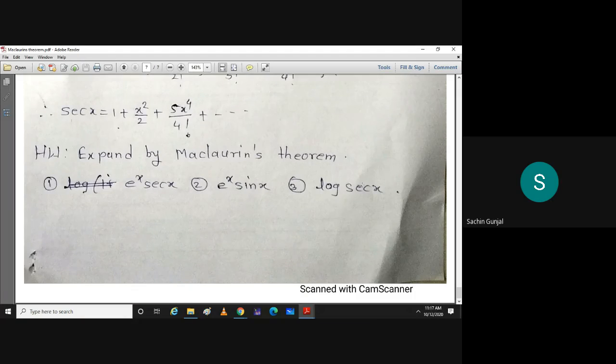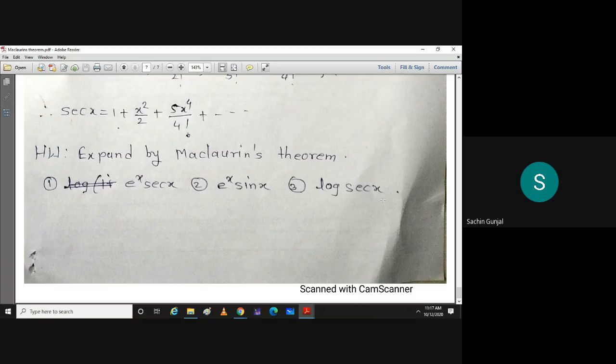But one more way is to write down the series of sec x. So it is log of 1 plus x square by 2 plus 5 by 4 factorial x raised to 4. So what we have is log of 1 plus something. Are you getting it? Log of the series of sec x is log of 1 plus x square by 2 plus 5x raised to 4 by 4 factorial.